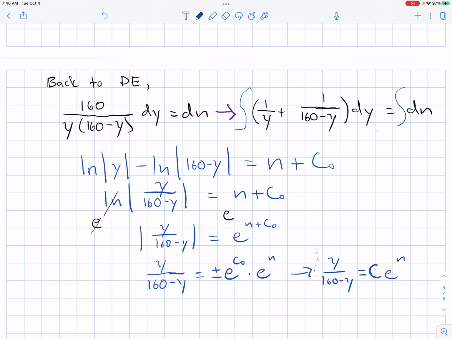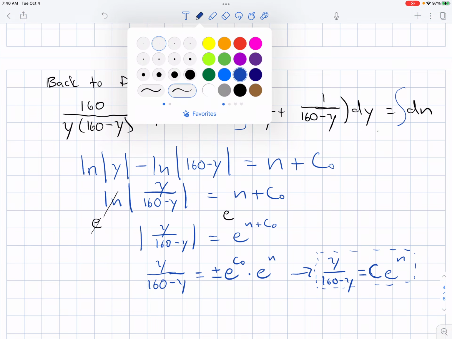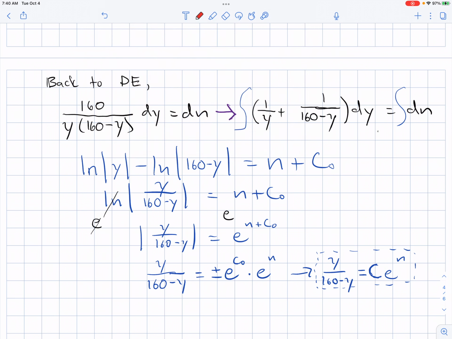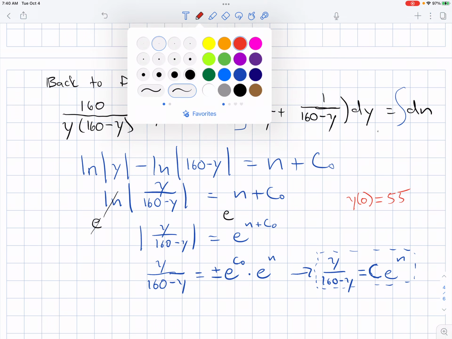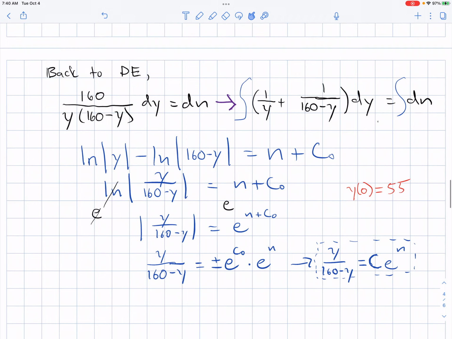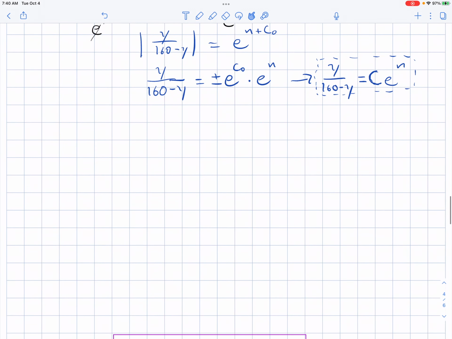I mean, that essentially is our implicit general solution, but we also do have an initial value here, and our initial value is y of 0 being equal to 55 beetles, right? So plugging that stuff in, we know we have to get what c is. I'm going to move this up a little bit.